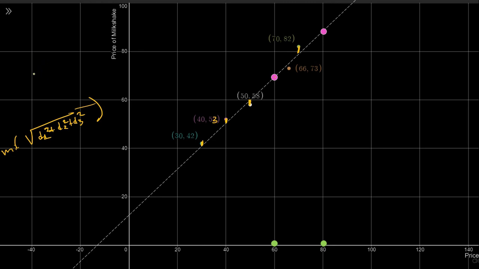If you remember our last video, this was our actual vector, and this was our projected vector b hat. This was my error. The distance between the actual vector and the projected vector was my error, and we were trying to minimize it. The minimization would occur for the projected vector.